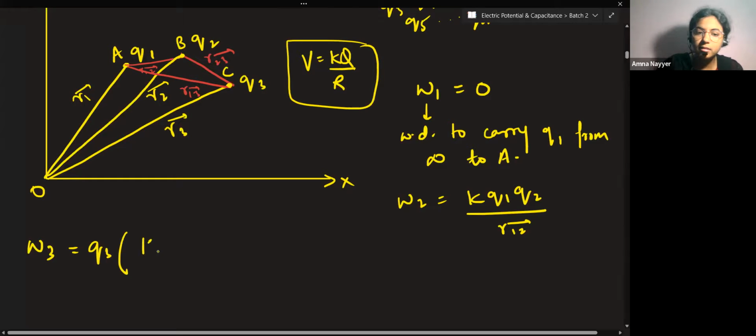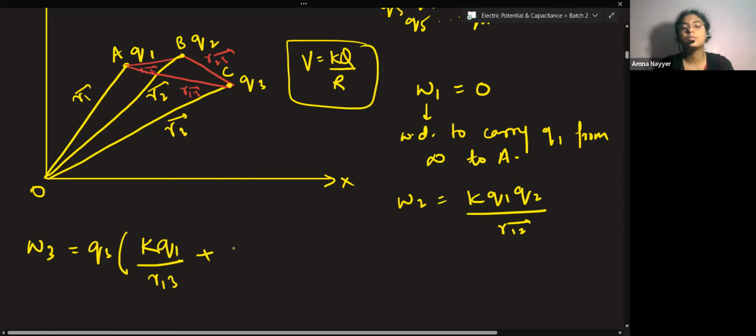K is the constant, charge is Q1 divided by the separation. Separation is R13 plus. Now the potential will also be generated by Q2 as well. So this will be K Q2 divided by the separation between Q2 and Q3. This is R23.